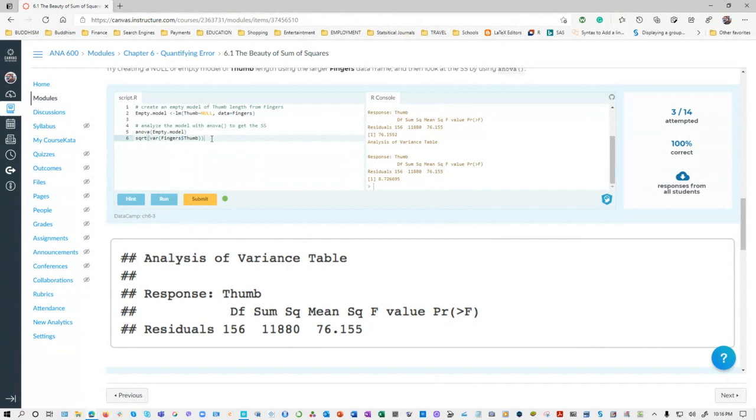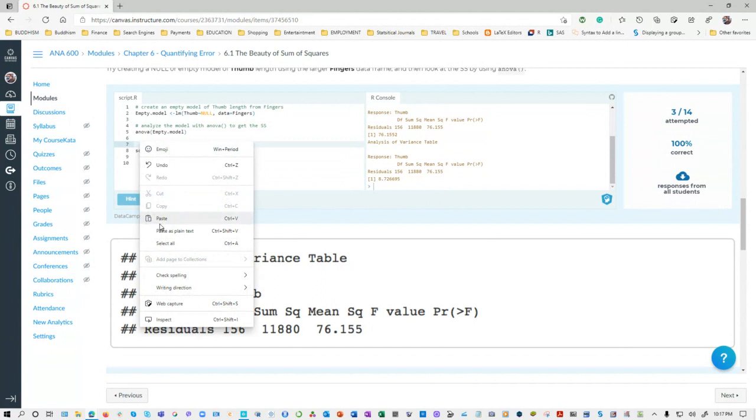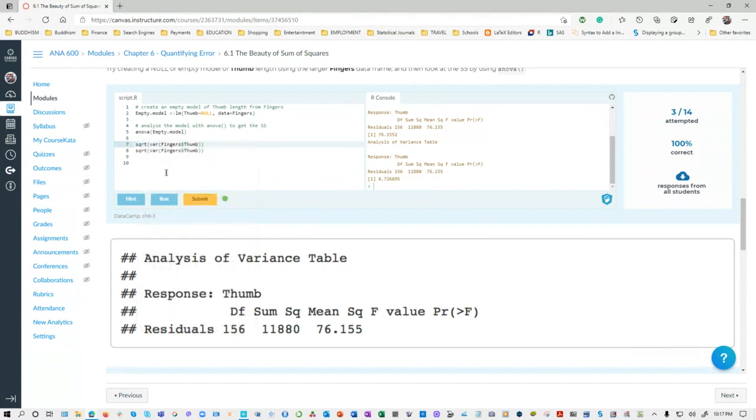Or you can just go straight to this. I can run that one too. Then you get the variance, then the square root is this much.